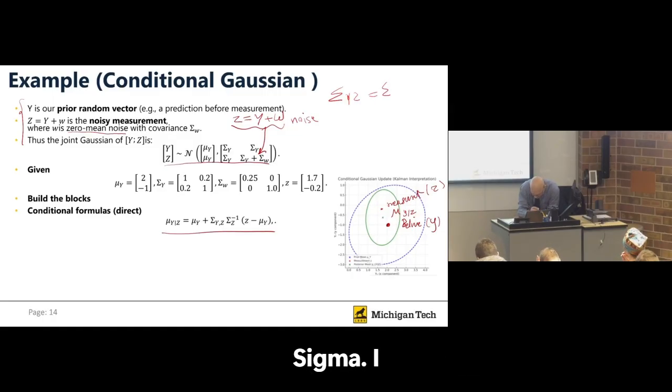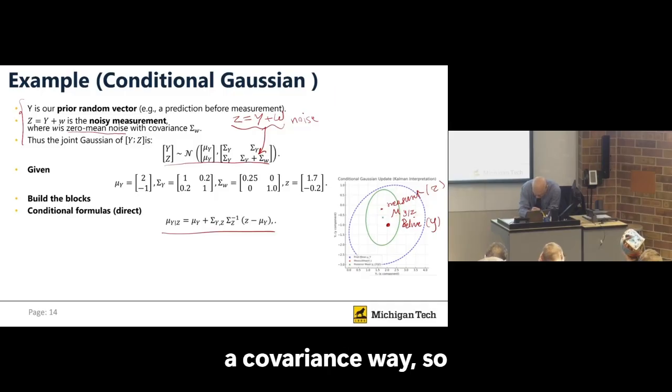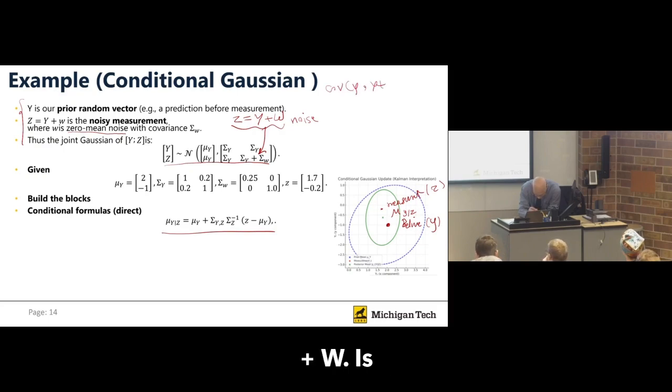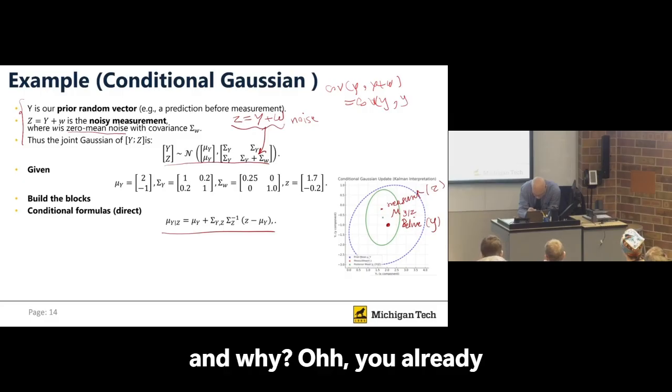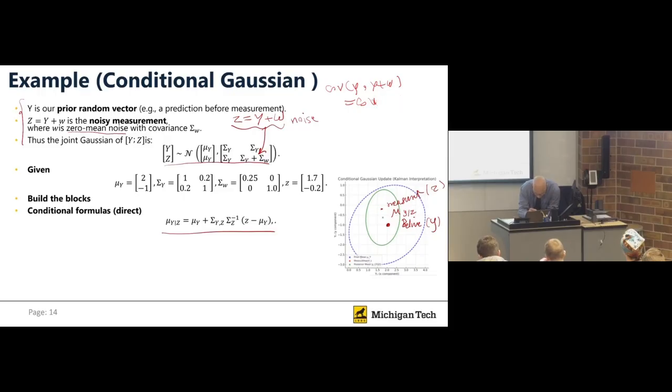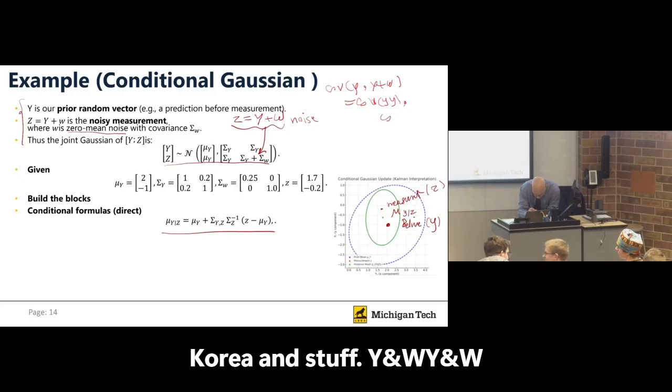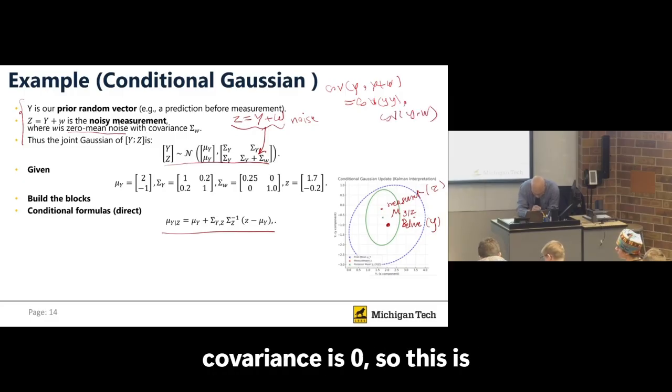I can write it in a covariance way. So covariance of y and y plus w is equal to covariance of y and y, and covariance of y and w.